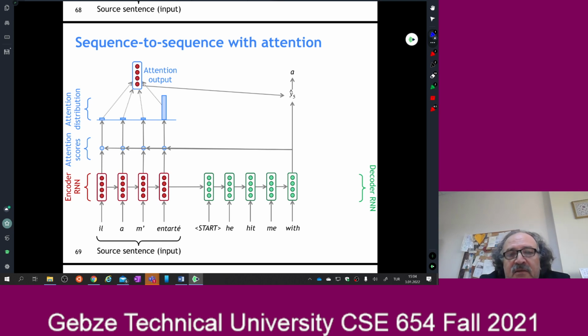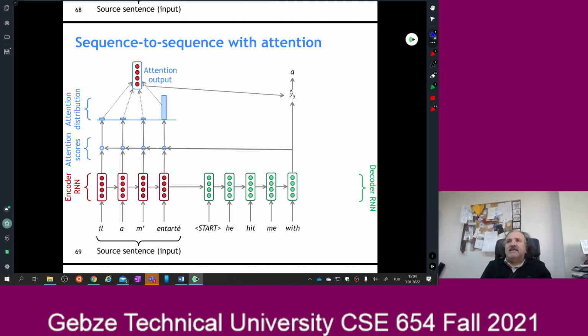Some people realized that this sequence with attention works very well, and they said, why don't we use this idea for everything? Why do we have to use these RNNs or LSTMs or convolutions or that kind of stuff?